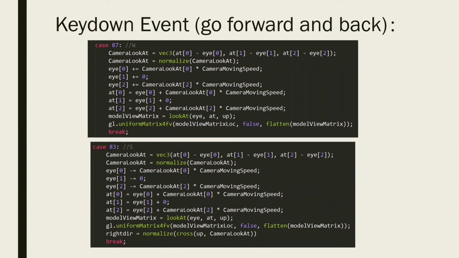Parameter eye here represents the camera position, and value camera lookup represents the direction of viewing. When we hit the W key, the eye will move along the viewing direction. When we hit the S key, the eye will move in the opposite direction from the direction of the view. Note that the parameter X needs to be changed as well.